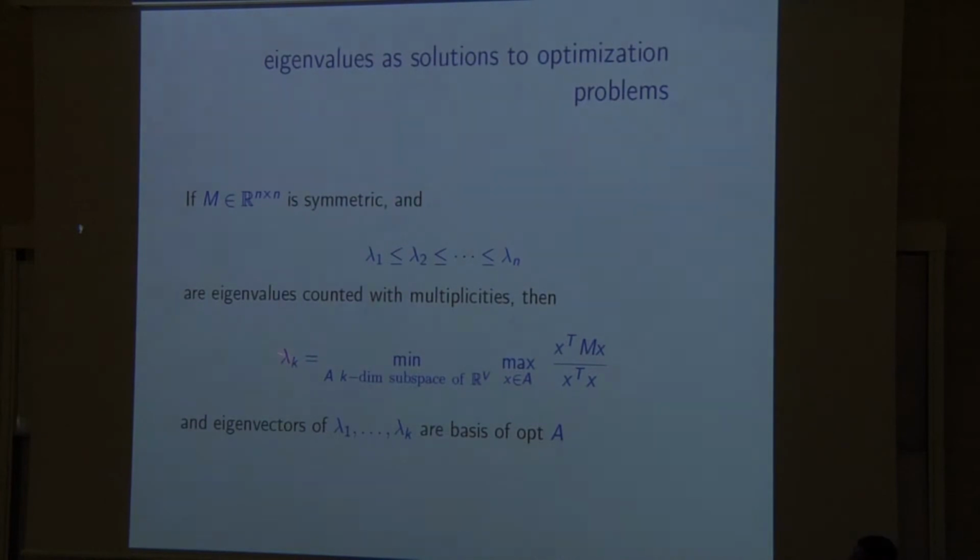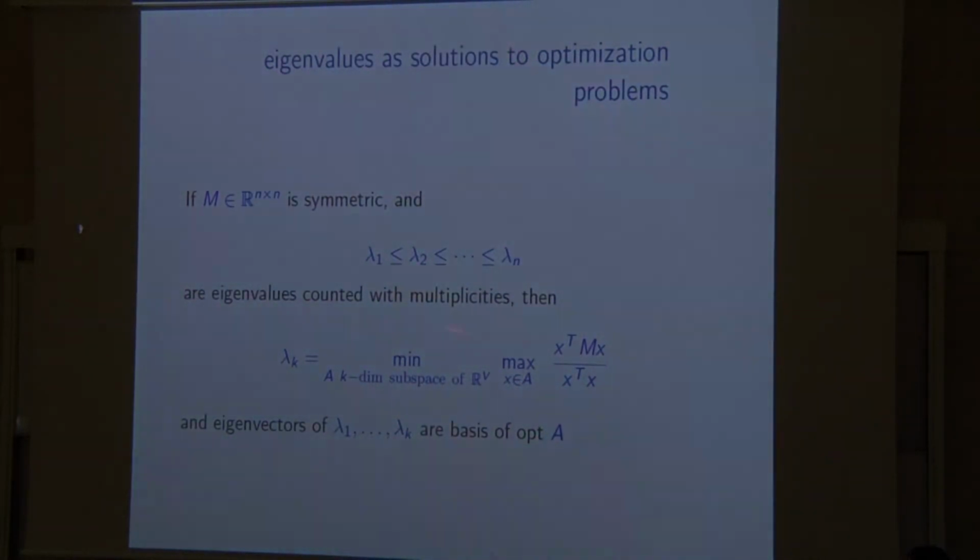So the smallest eigenvalue of a matrix is always the minimum of this quantity over non-zero vectors. And in general, the kth smallest eigenvalue of a matrix is the solution of this min-max problem.